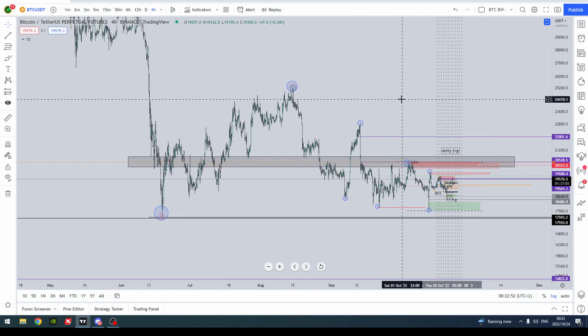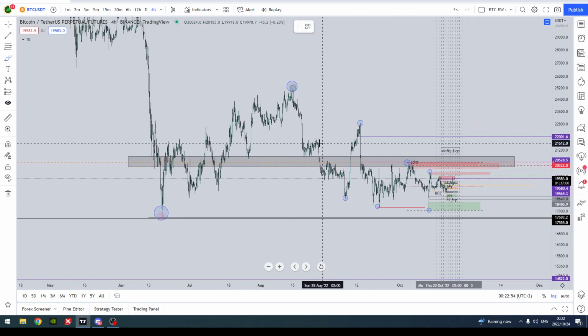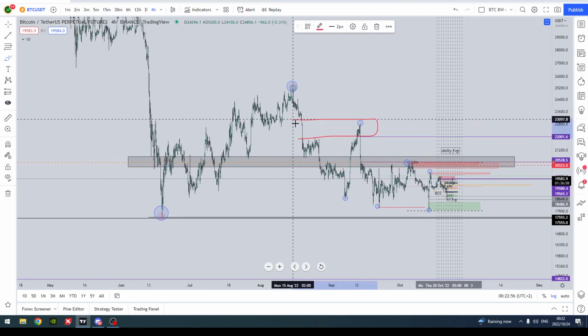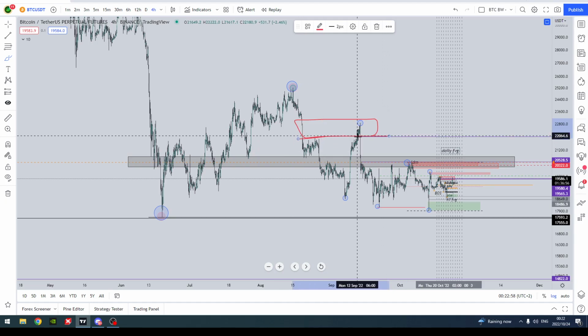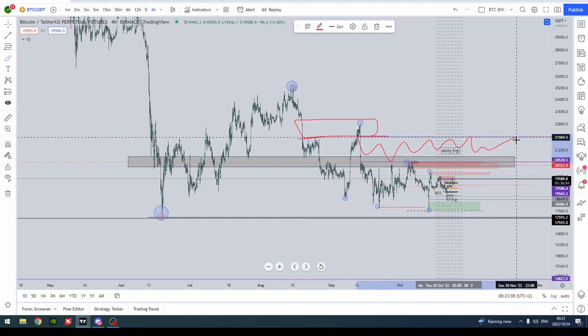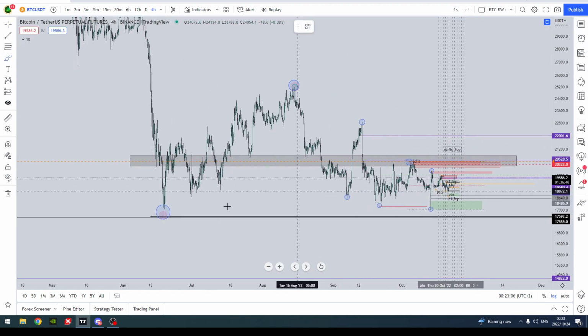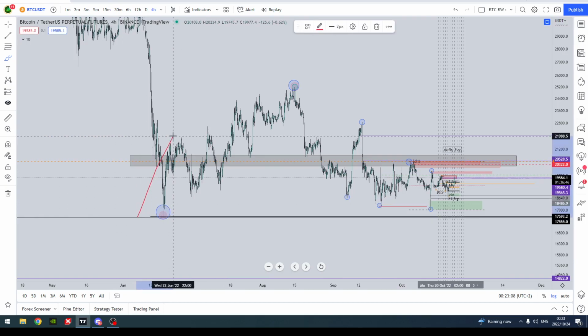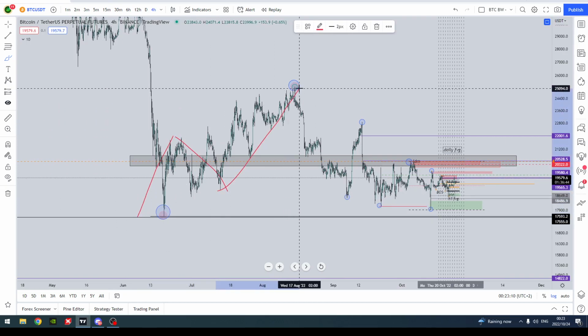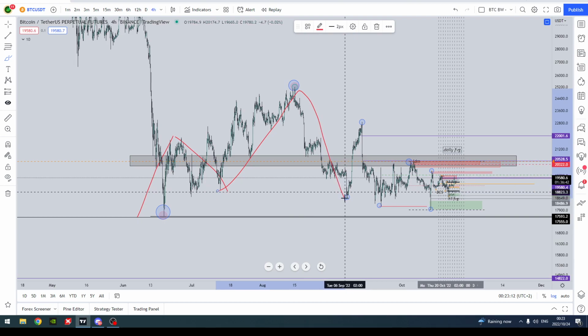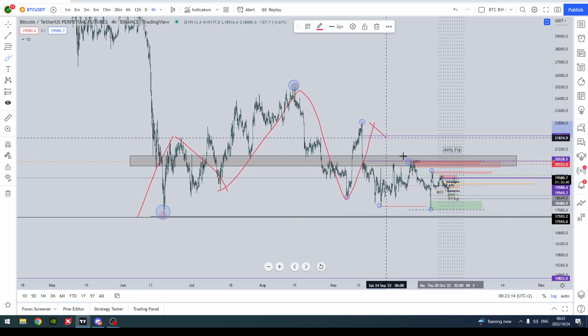Now BTC has filled in a void here, if you can see, which basically leaves the fair value gap here. Previously, in one of my previous videos, we looked at this being some sort of neutral triangle where we had an A, a B, a C, a D, and this was part of some E wave, right?